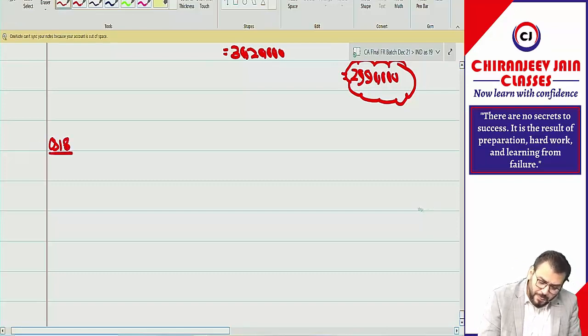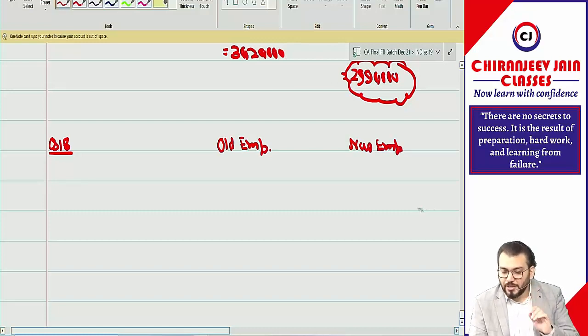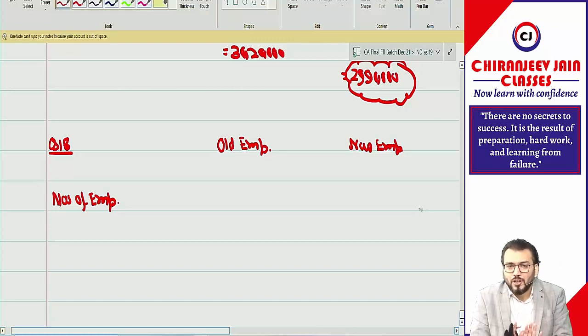Can I say there will be two sets of employees for the current year. One is old employee, one is new employee. How many old employees, who have not left the job in the current year?